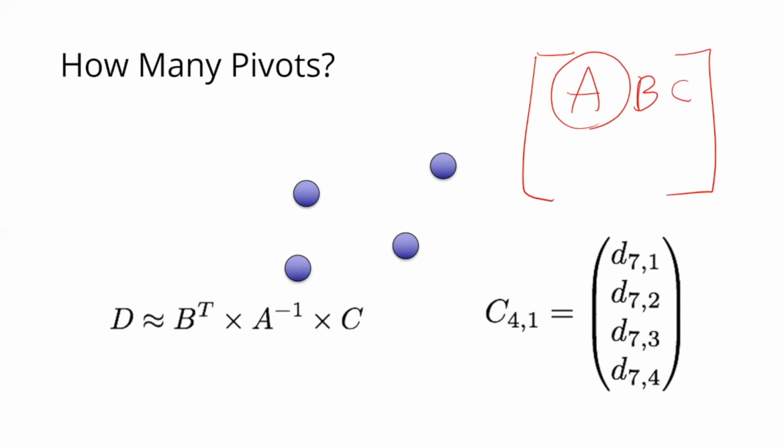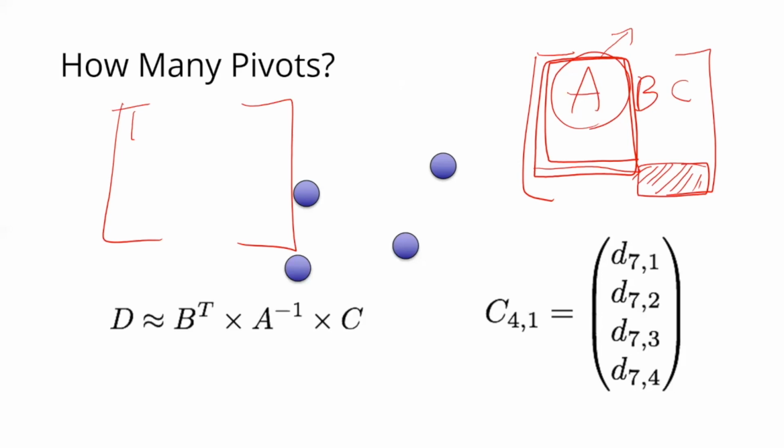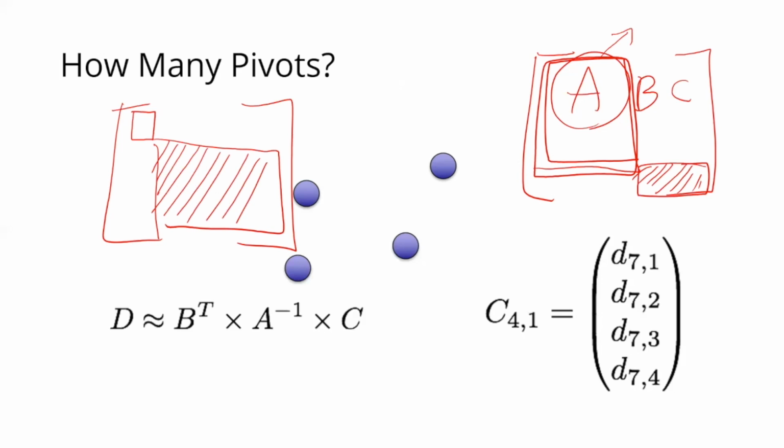If you grow the size of matrix A, that means you know the majority of the distance matrix, and then the unknown portion is fairly small. Whereas if you have only a small number of pivot points, that means you have a vast majority of the distance matrix remaining unknown. So what do you think? Is it better to have a large number of pivots, or is it better to have a smaller number of pivots?